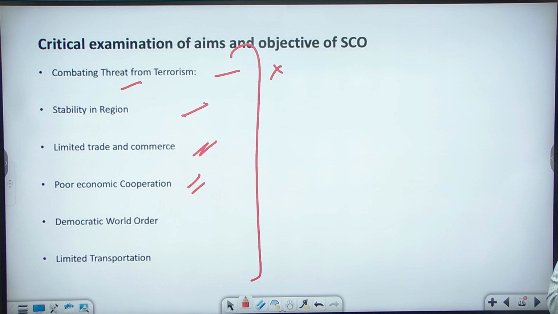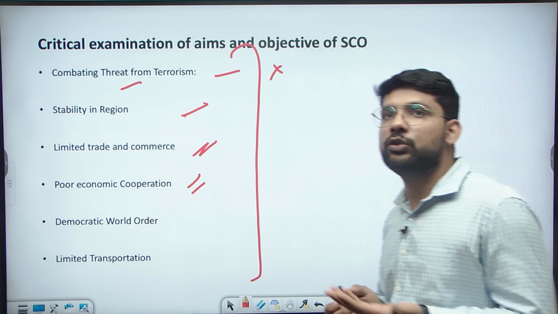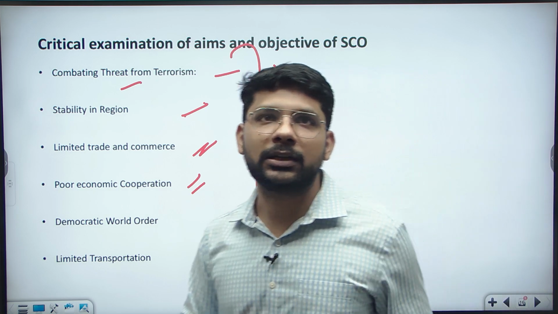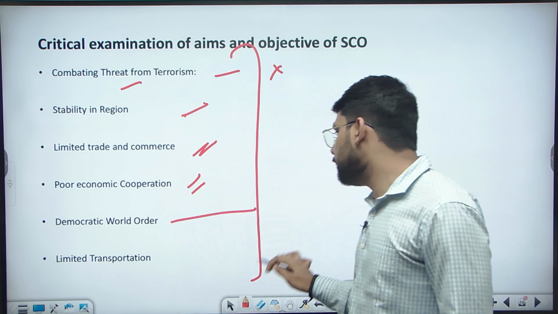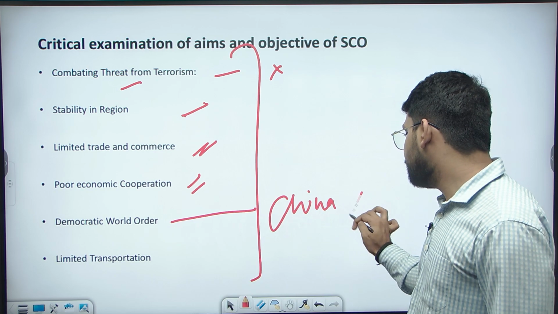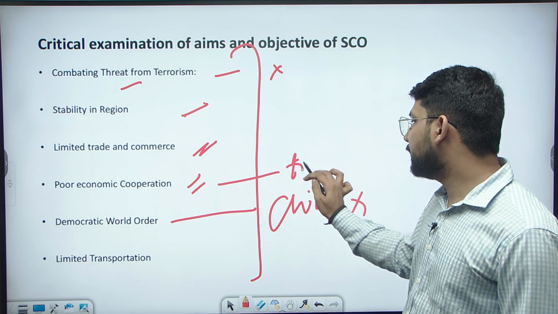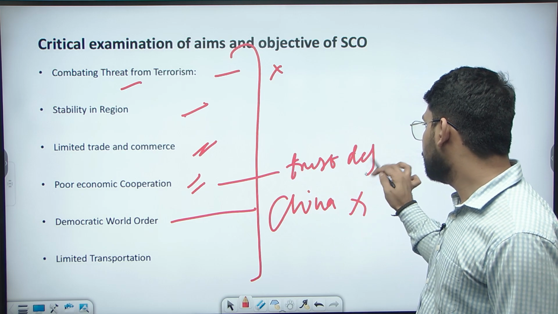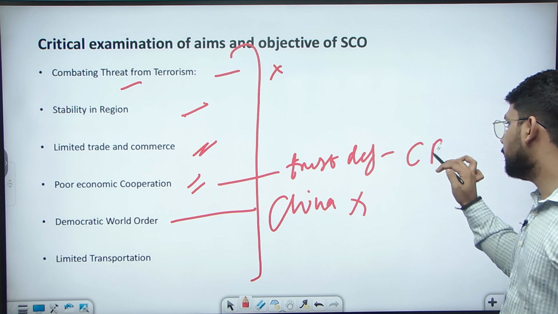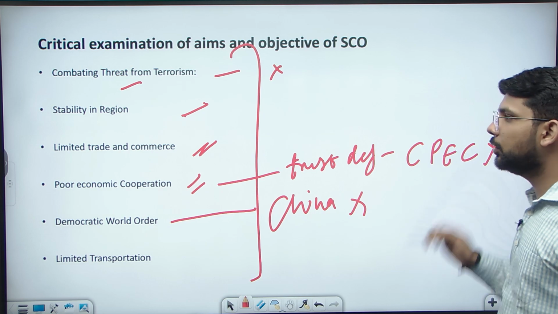Then limited transportation: the trust deficit among the countries and the terrain issue lead to limited transportation. Poor economic cooperation is due to the trust deficit and the China-Pakistan Economic Corridor, which is also not good.